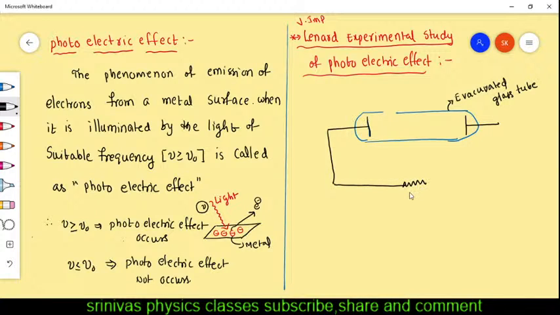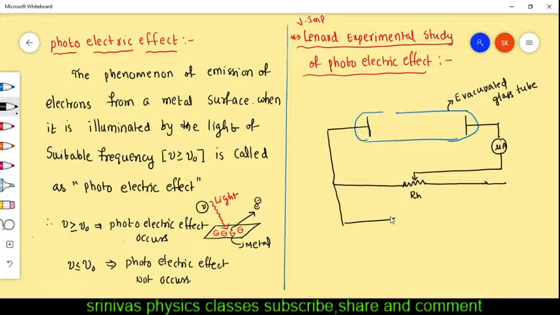And now we are connecting this through a rheostat. This is a rheostat. This end is connected to a micrometer. This micrometer can measure the current, and both ends are connected to the battery.